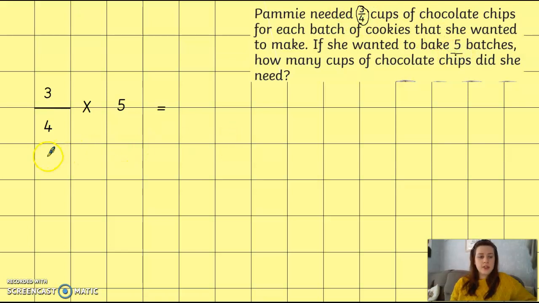So we do exactly what we just did with the other question. So we keep 3/4 the same. And she wants to make 5 whole batches. And whole is the same as over 1, which gives us the sum 3/4 times 5 ones, 5 wholes.